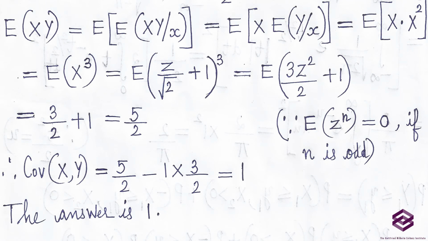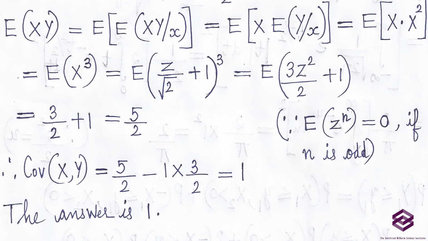Now we know that X is equal to Z by root 2 plus 1. So expectation of X cubed is equal to expectation of Z by root 2 plus 1, the whole cube. Just expand this expression using the formula for a plus b whole cube. While doing this expansion, we have to keep in mind that the nth moment of the standard normal random variable is equal to 0 if n is odd.